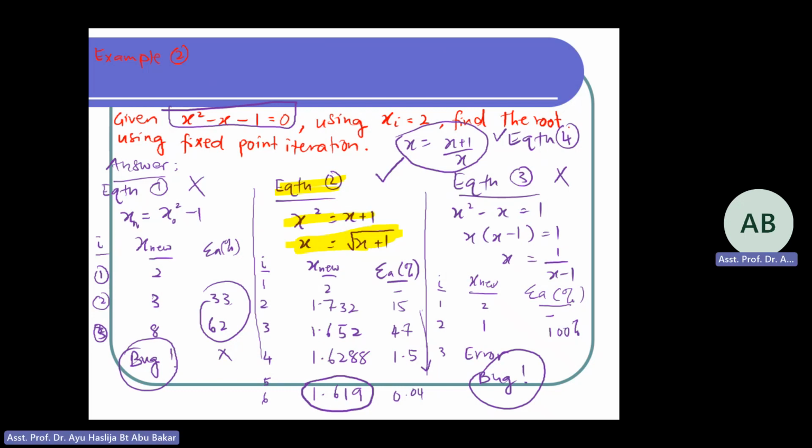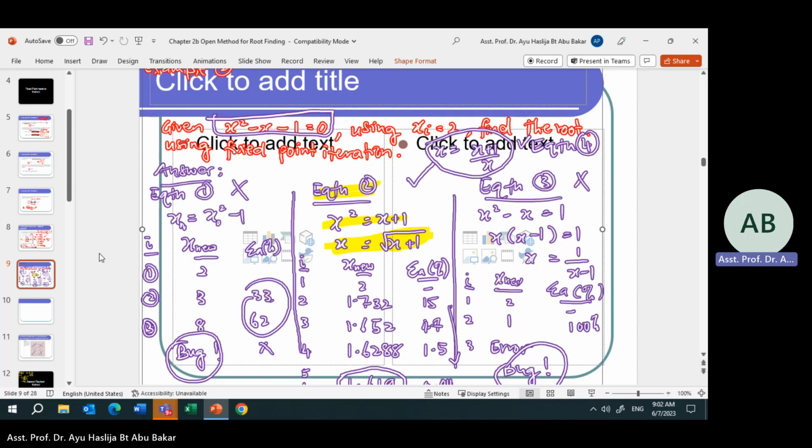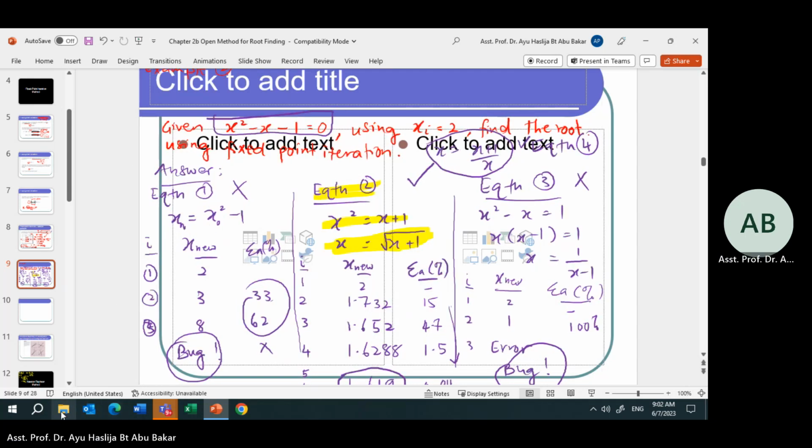Wait, let me see previous question using fixed point iteration. Give me a few minutes.